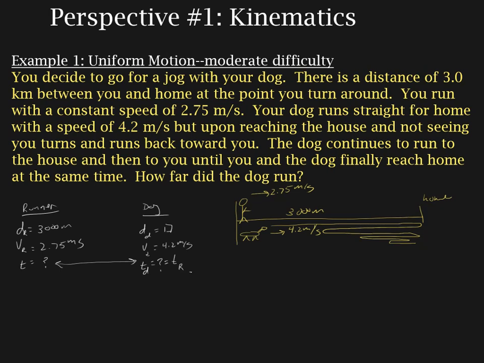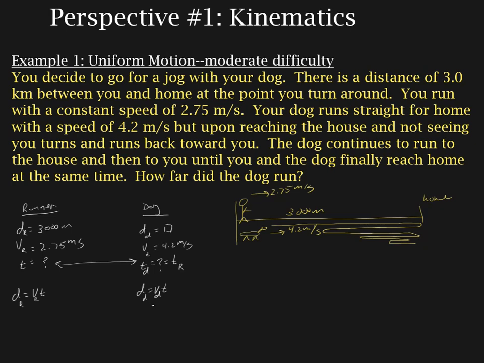Now that we have our information identified, we're going to write out the equations. So we have d is equal to vt for the runner and d equals vt for the dog. There's only one equation you can use with uniform motion or constant speed, and so that's what we have to work with. So we have d of the runner. Let me just put my subscripts on here.